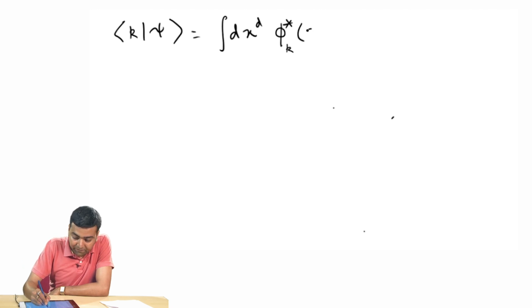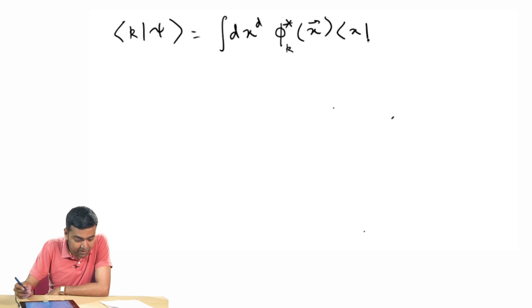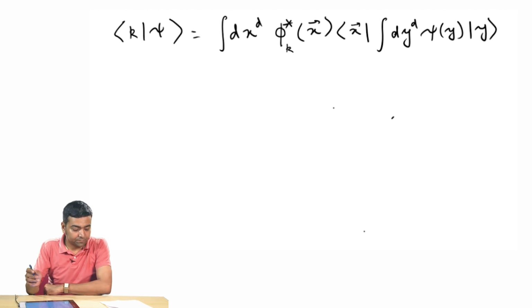Hence I get phi_k(x) in the position basis x, and then for my psi I can similarly write the integral dy of psi(y) in the y position basis.